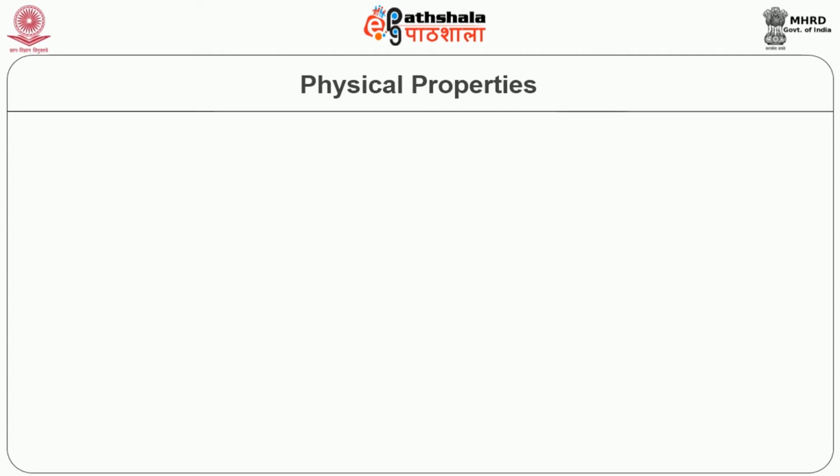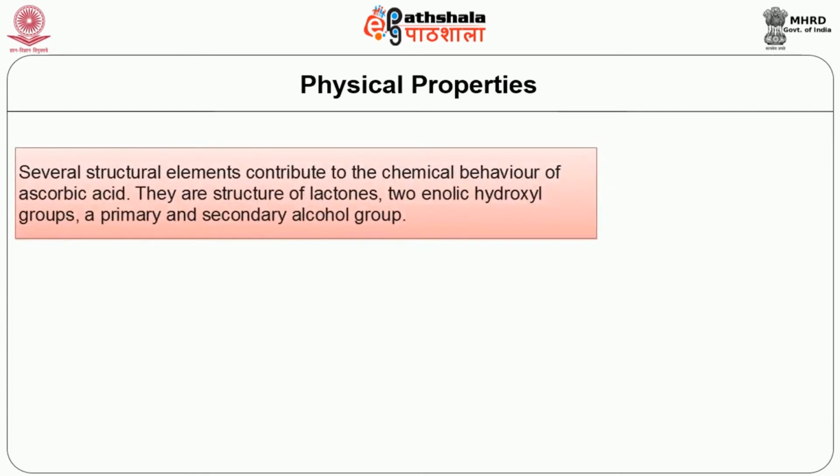We will now see the physical and chemical properties of such an important vitamin. Several structural elements contribute to the chemical behavior of ascorbic acid. They are the structure of lactones, two enolic hydroxyl groups, and a primary and secondary alcohol group.